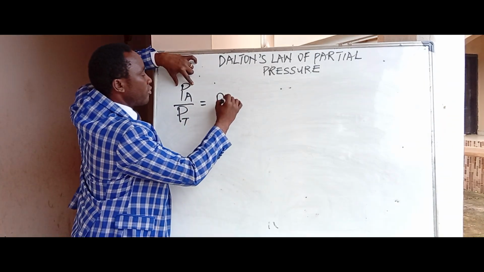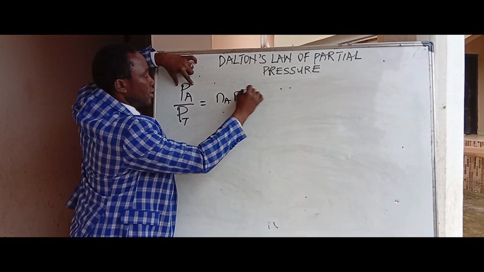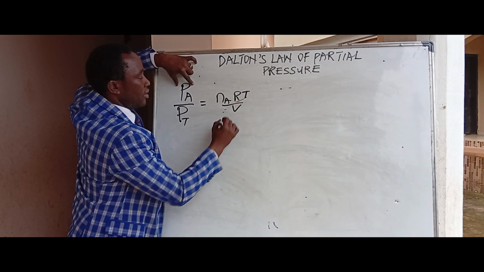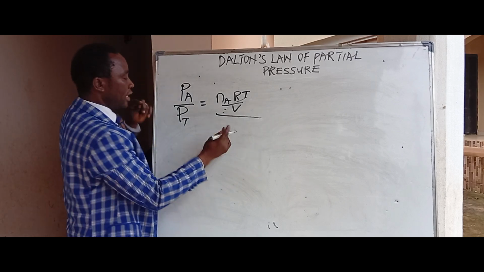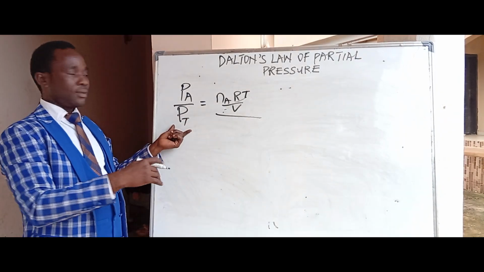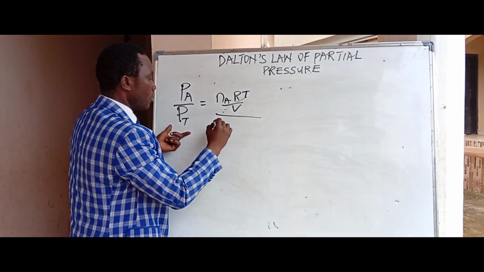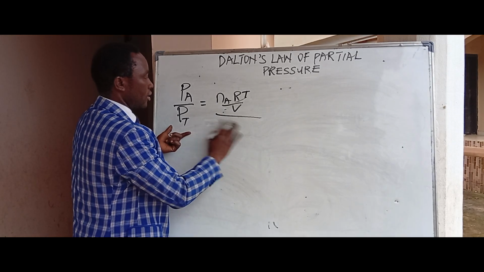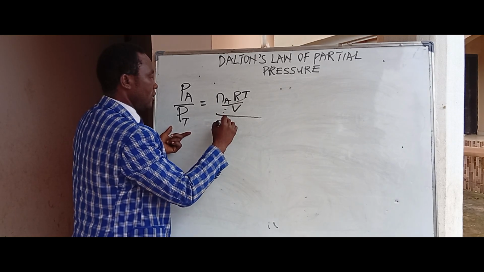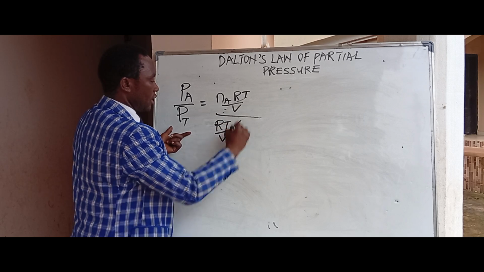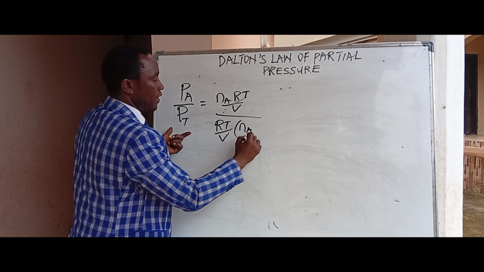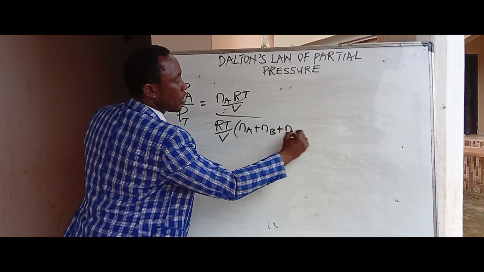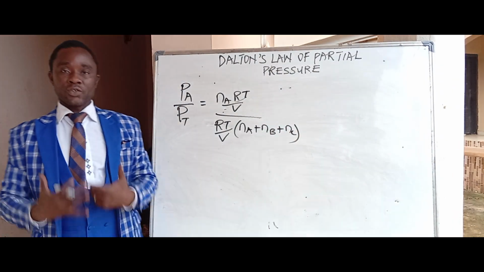Remember, it is number of moles of gas A, RT over V, then divided by the total pressure of the three gases, which is RT over V into number of moles of gas A plus number of moles of gas B plus number of moles of gas C. Alright, that is okay.